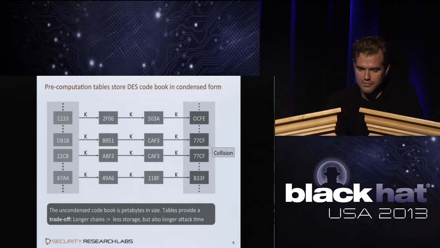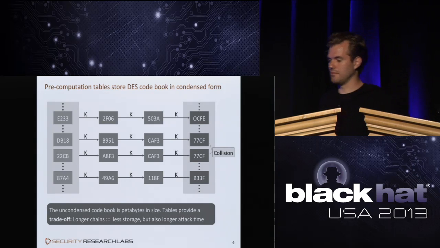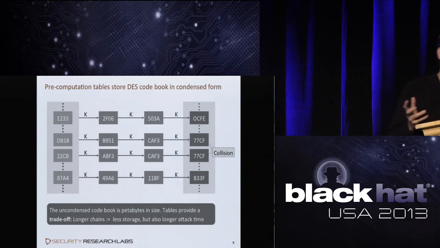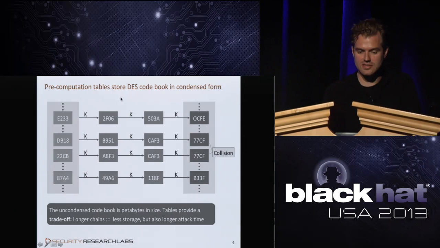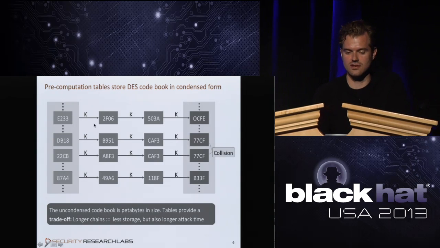Now, if we do find a public value and you want to create a secret value from it, the lookup goes as follows. Let's say the public value, the signature we see is this 2F06. We didn't store this, right? We only stored the first column and the last column. So we look it up in the last column, don't find it. Instead of giving up now, though, we compute the DES function on it, kind of working our way backwards in this chain.